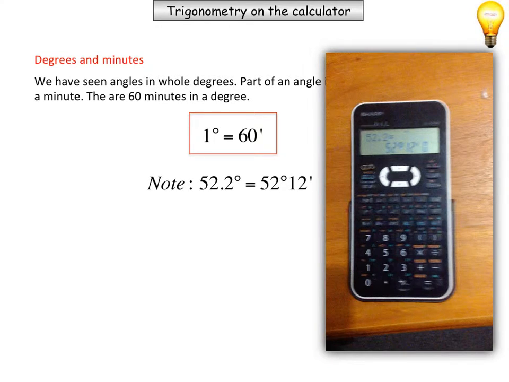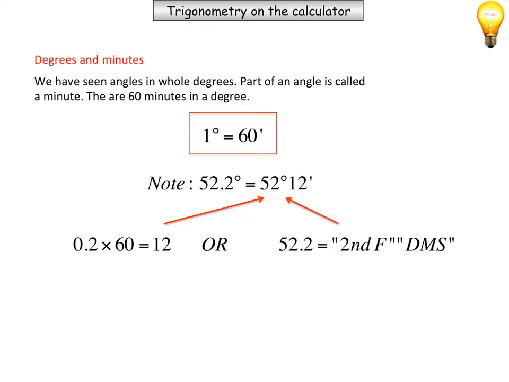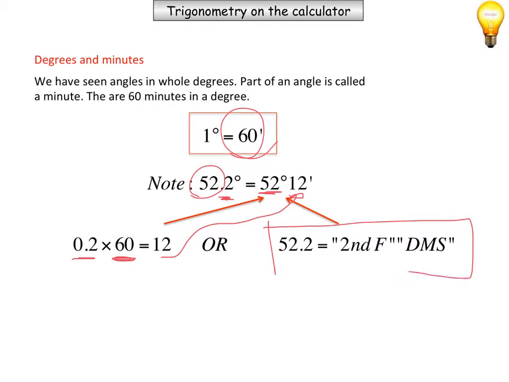That's one way you can do it. Another way is seeing this part of a degree, 0.2, multiplied by your 60 to get your 12 minutes, and that's tagged along with the 52 degrees. Or you can use your calculator to get the straight conversion.